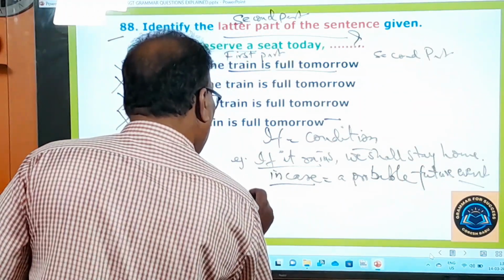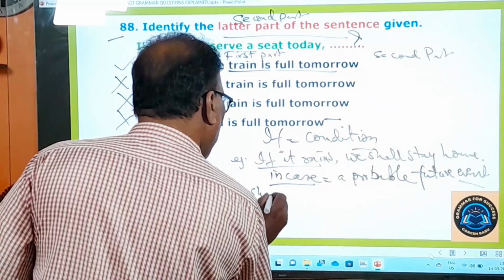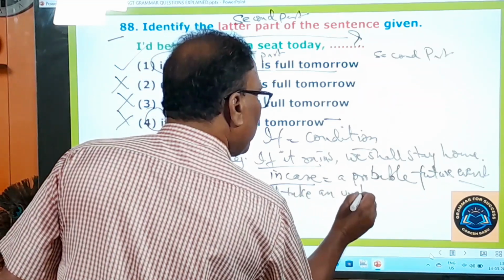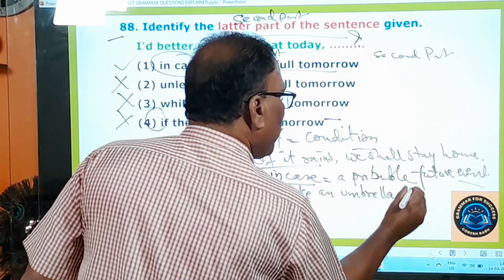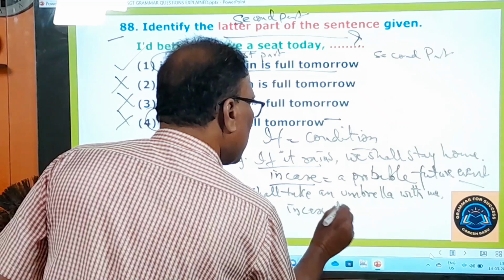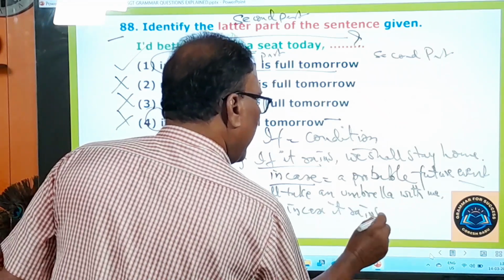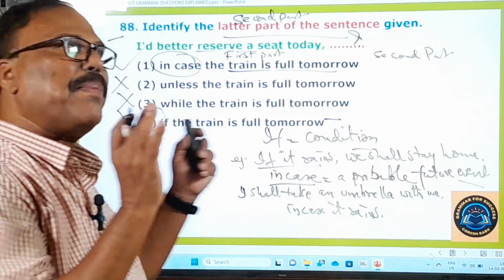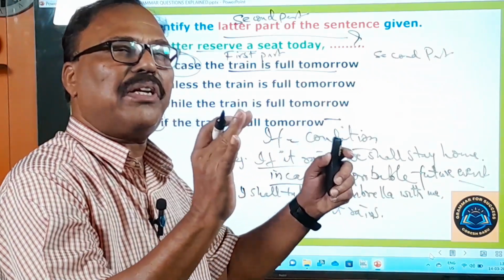Okay, one example. I shall take an umbrella with me in case it rains. I shall take an umbrella with me in case it rains. It's a probable possible event.